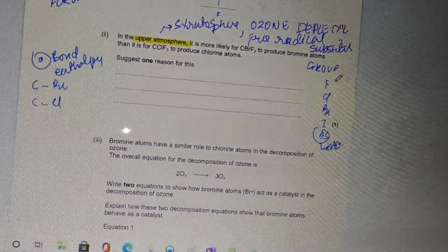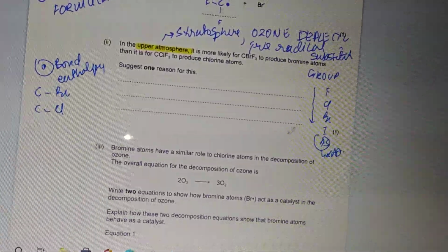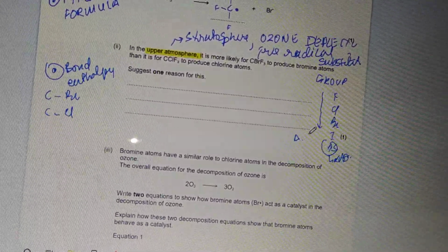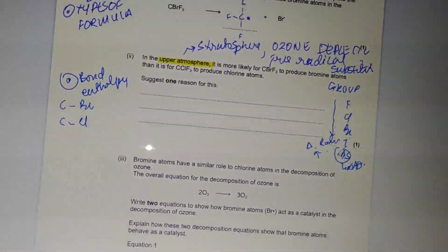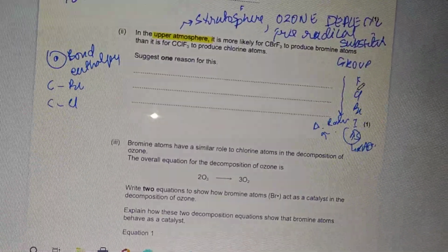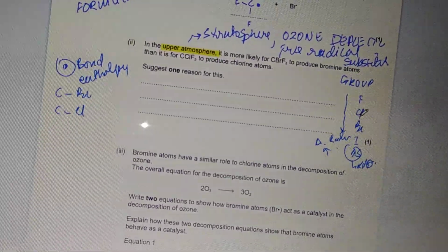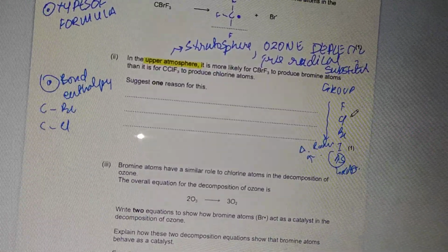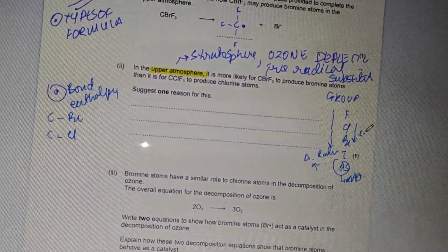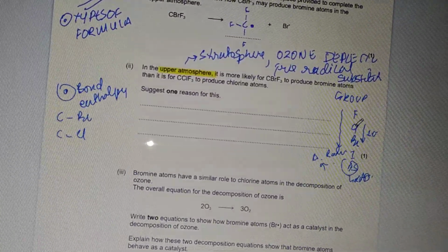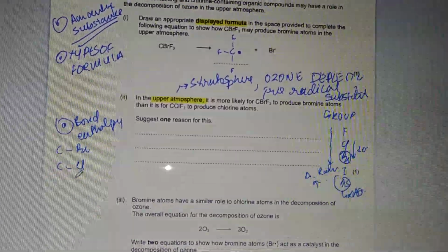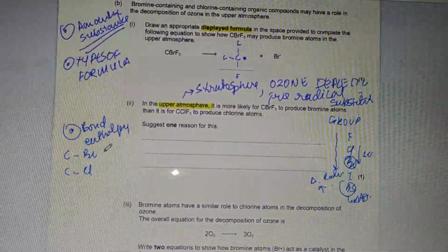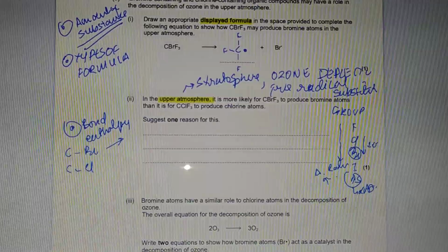But you can notice that as you go down, the size, the atomic radius, increases. So therefore, the ionization energy would decrease, resulting in the Br readily having a low bond enthalpy to undergo the reaction.